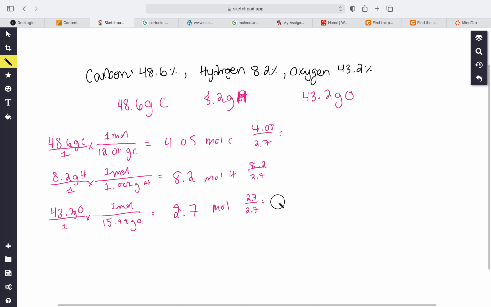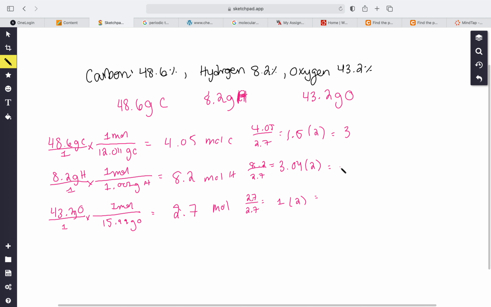I'm going to work backwards here because that one's easiest. 8.2 divided by 2.7, we're going to get 3.04. And 4.05 divided by 2.7, we're going to get 1.5. So if you guys remember, we can't have something that's a half, so we have to make these all into whole numbers. I'm going to multiply everything by 2 in order to make it into a whole number.